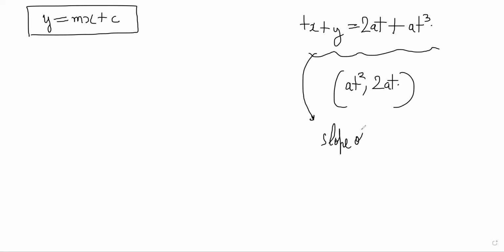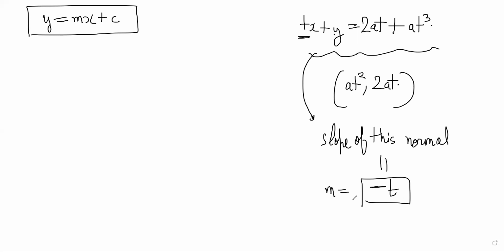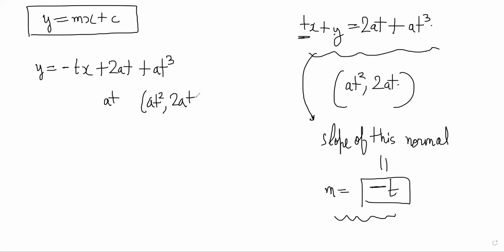If you see, it was minus t, right? So m for this normal should be minus t, right? So I can write this equation as y is equal to minus tx plus 2at plus at cubed, right? At the point at square comma 2at, right?